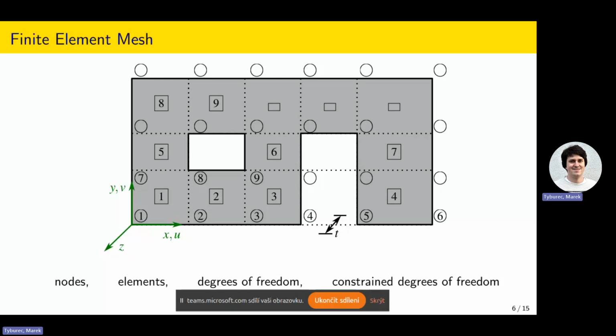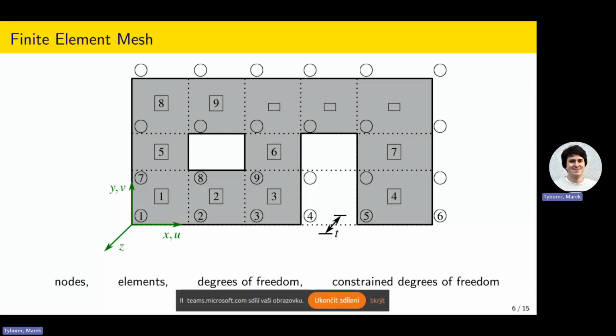For example, element 1 is defined by node numbers 1, 2, 8, and 7. The ordering of these nodes is done in counterclockwise order, which is an important thing, because when we derive the expressions of, for example, the stiffness matrix, it depends on this ordering. So we have this kind of ordering of the nodes for each element.